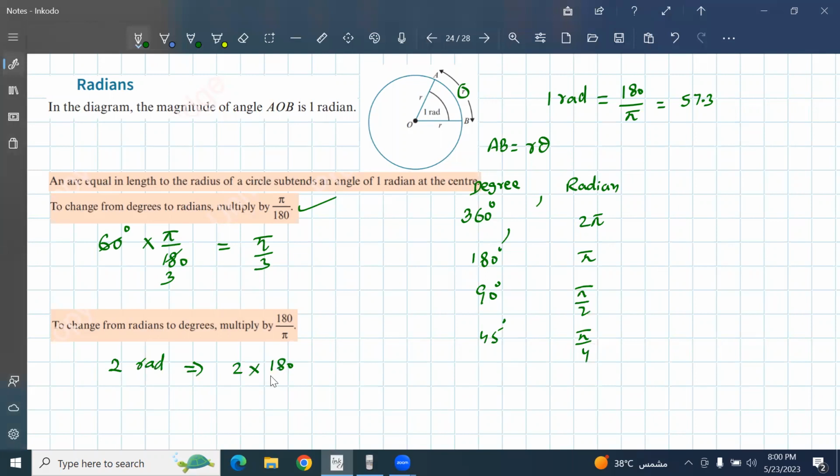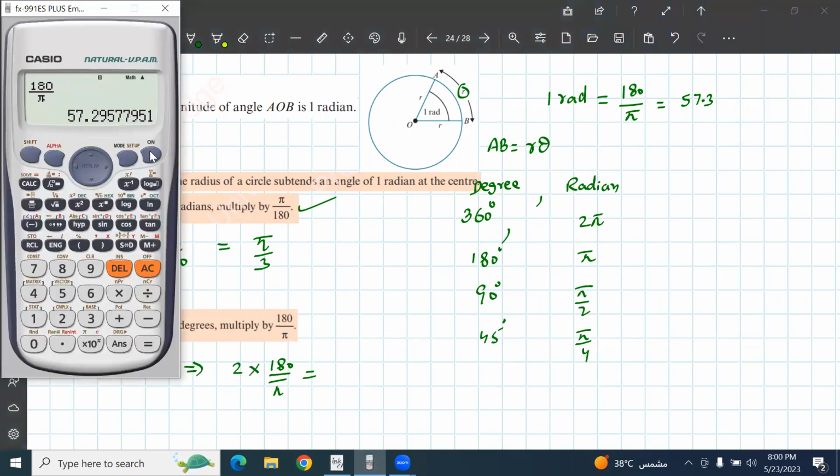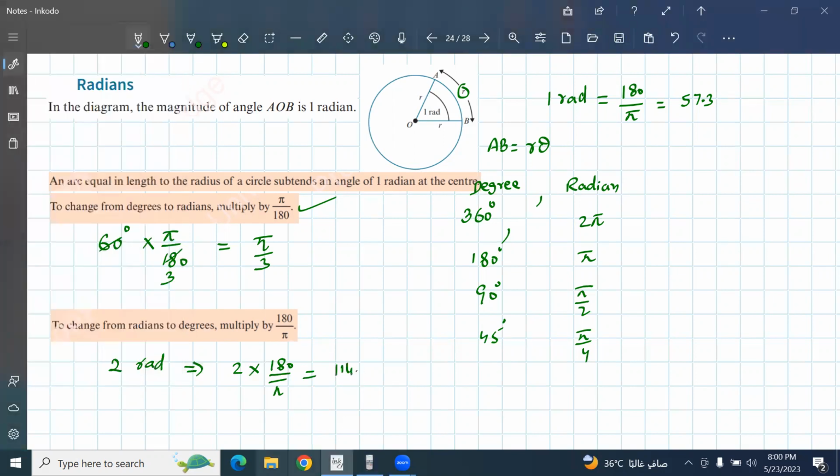To multiply 180, this is radian to degree, over pi, which is equal to, here 360 divided by pi, 114.6 in degree. So we can convert this way.